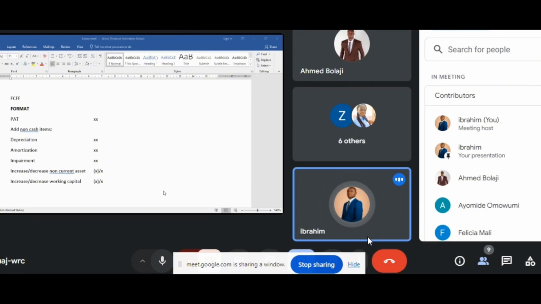You will have your EBIT, which is earnings before interest and tax. When you deduct interest, you have earnings before tax, right? When you deduct tax, you have your net income. Is that not so? You may need to start from something like that in some questions, right? So get prepared.